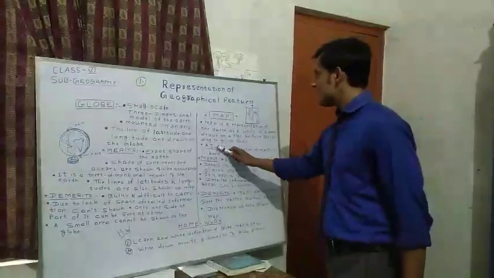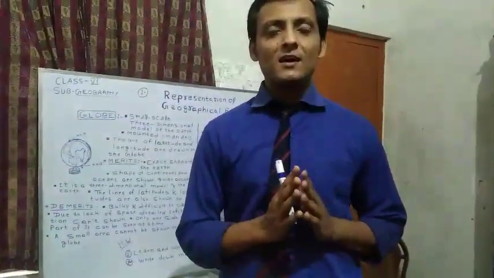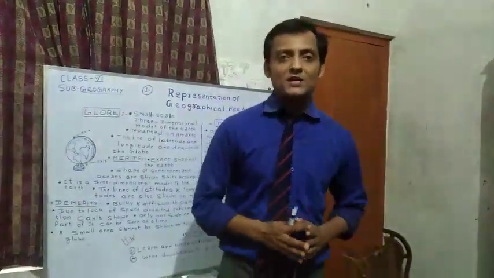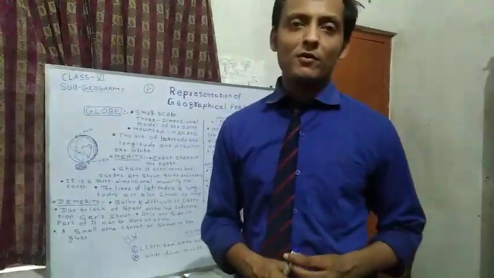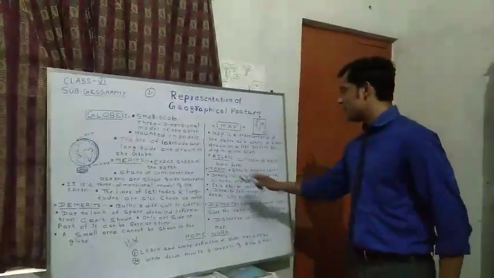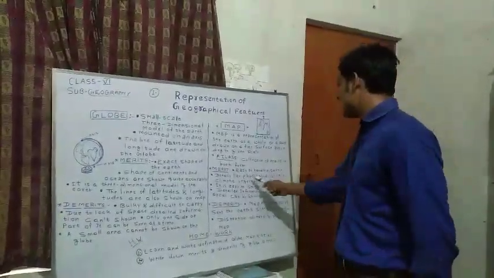Next, what is an atlas? Now how can we define an atlas? An atlas is a collection of maps. When we collect different maps and put them together in the form of a book, it is called an atlas. Clear? Now we will see some merits of maps. Easy to handle and carry.